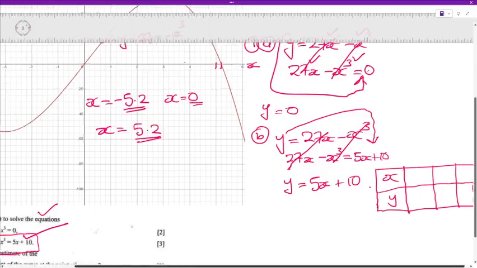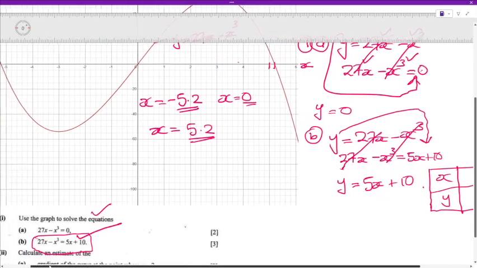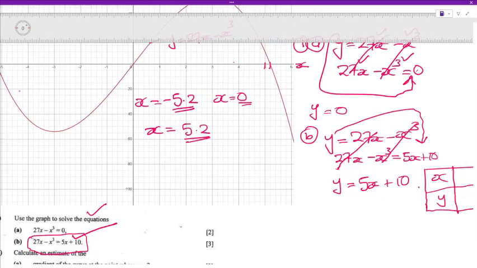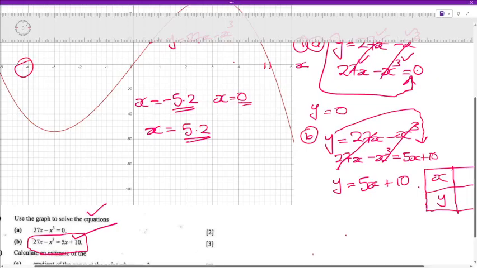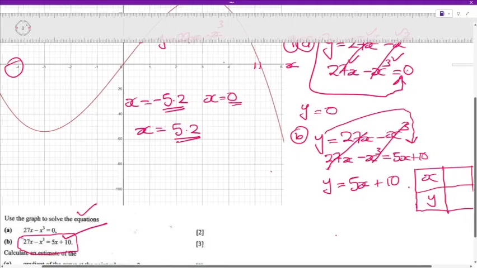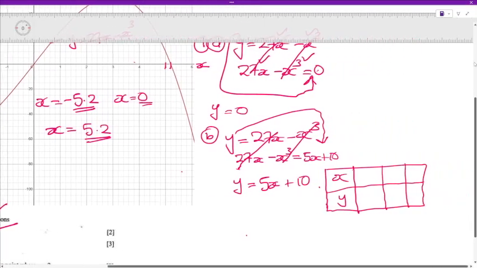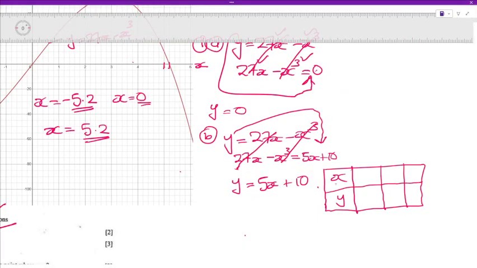So let us go to the left. Let's start with negative 4. You can see there's negative 4 on the x-axis here. So we're testing for negative 4.